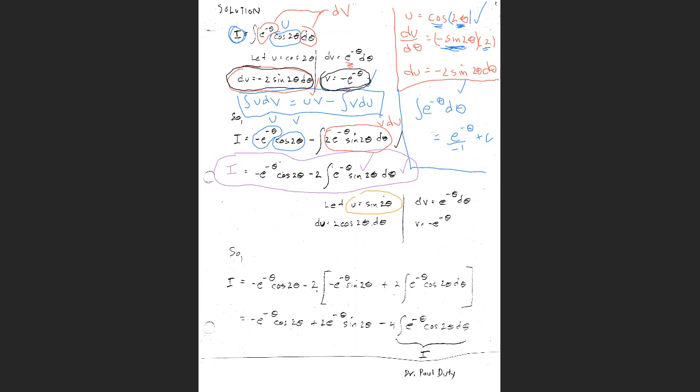Du will be 2 cosine 2 theta d theta. And then dv is e to the negative theta d theta. Maybe I'll put it in a different color, maybe green. This here will be your dv.